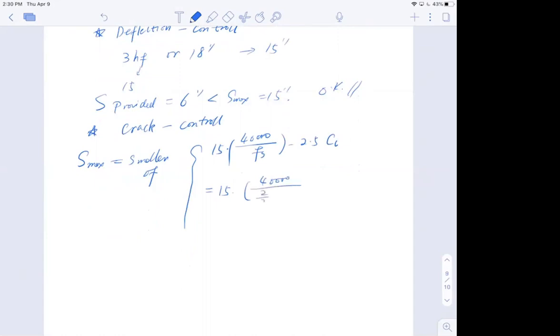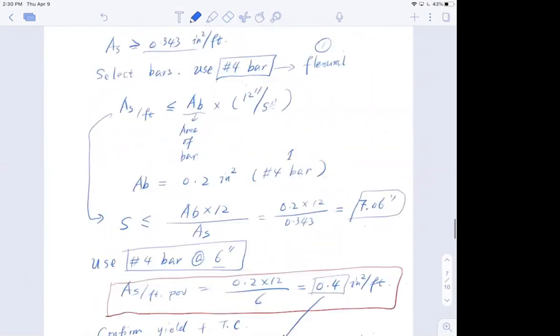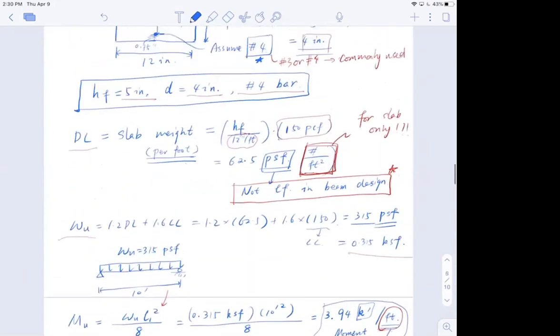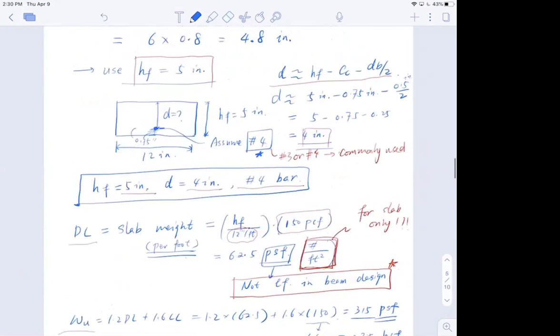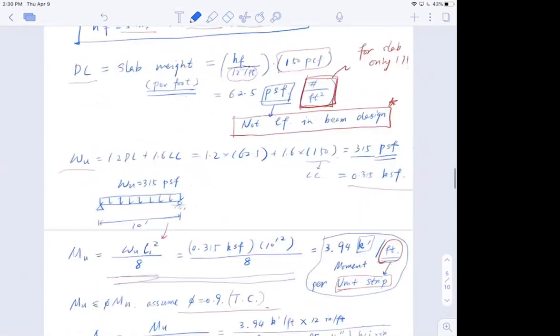Bottom here, 2/3 of the strength of the grading, fy, which is 40,000. So they cancel. The minus 2.5 cc: what is cc? It's 0.75 inches. If you forget, go all the way back to when we made the assumption on this. So cc is 0.75.